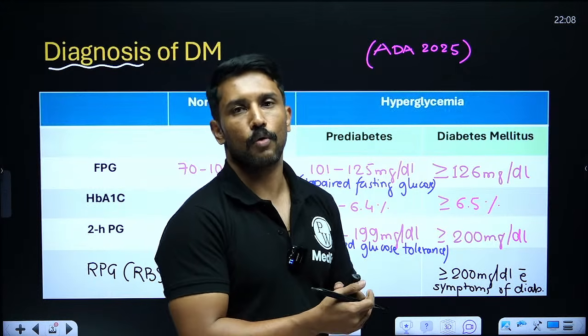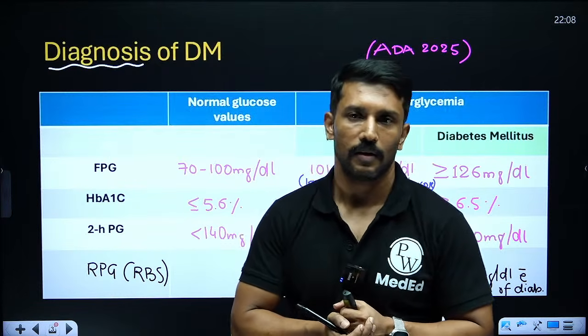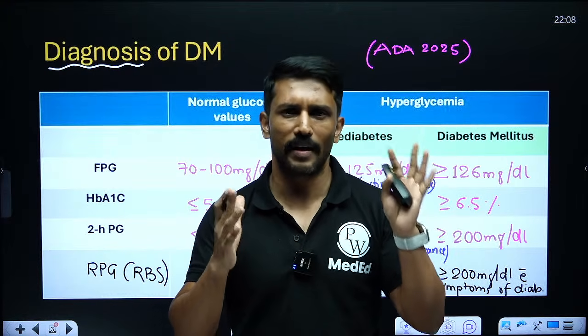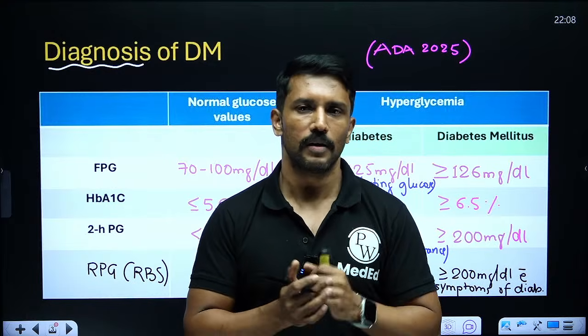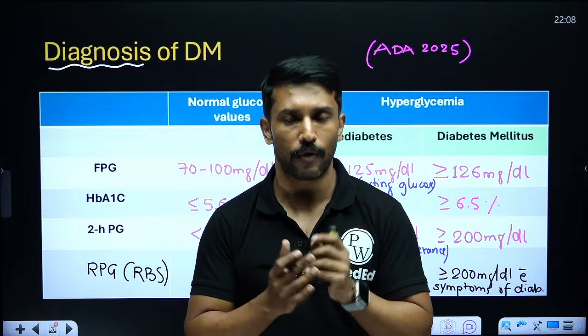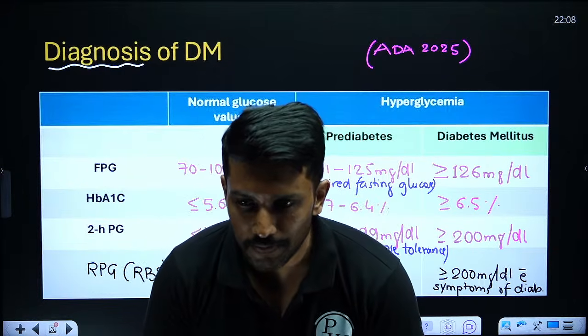I have to either go with fasting glucose, HbA1c or 2-hour postprandial glucose. Now comes another important question. What do you mean by fasting? The patient will say, sir, I went home late in the night, so at 1 a.m. I had some meal, and at 6 a.m. I went to the lab and I gave my blood glucose level, and this is the result. So now can I diagnose the diabetes based on this value? Fasting also has to be objectively defined.